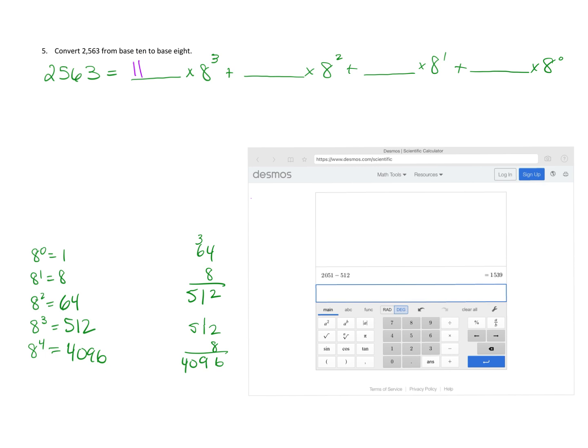You can also do this by division. I'll show you that after. Okay, so now I have 1,539. Subtract another 512. Again, you can do all these calculations by hand. The calculator is just going to save us a little time.